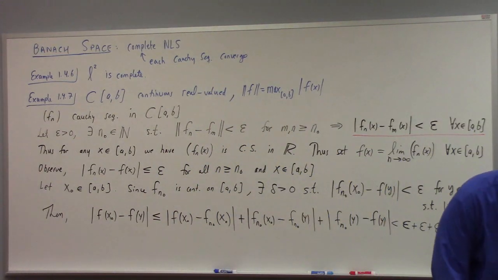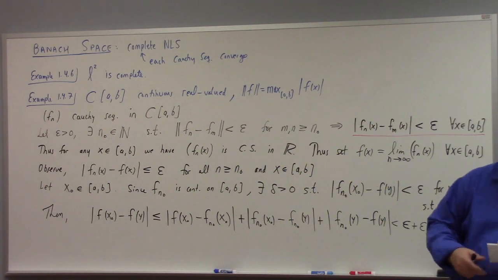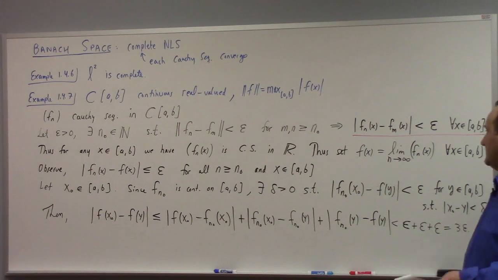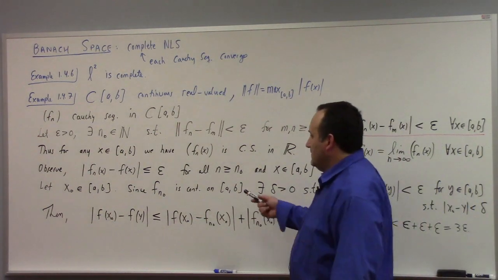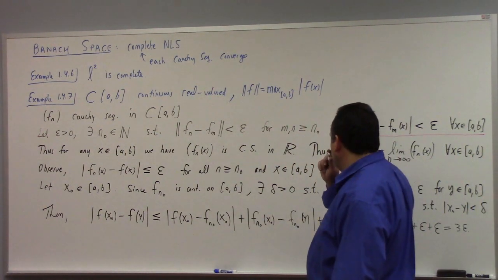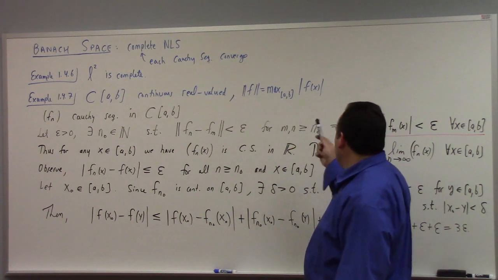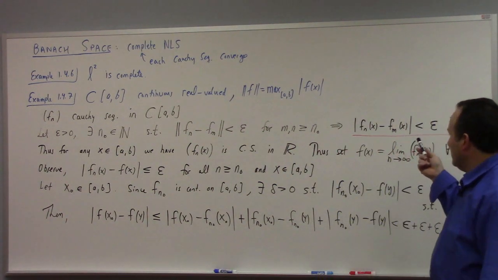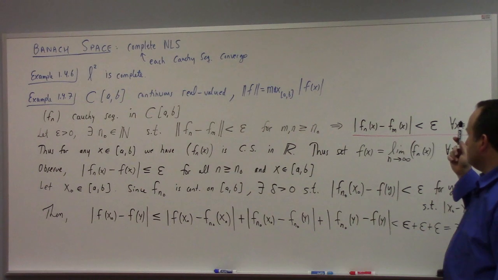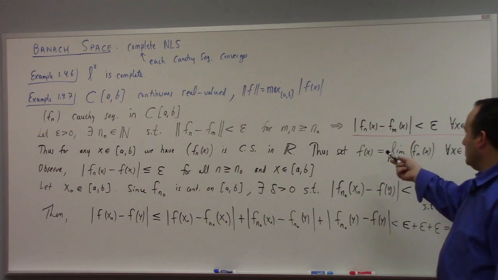Like these are all things we've done before. But yeah, it ultimately rests on the fact that the norm directly gave us a Cauchy sequence of the values of the function's difference.